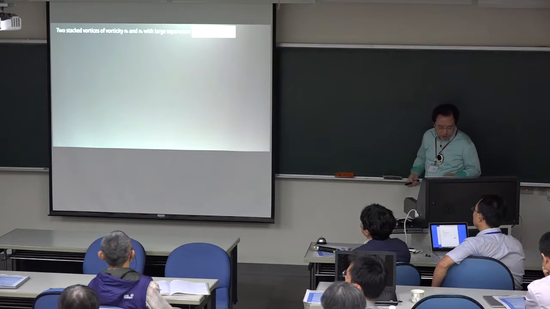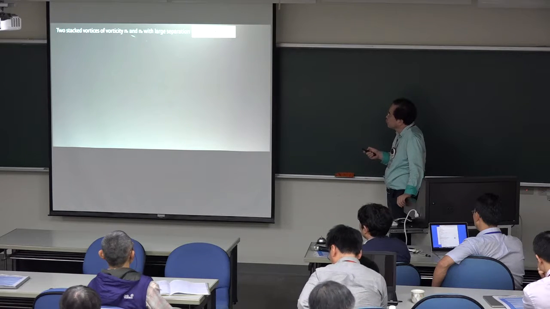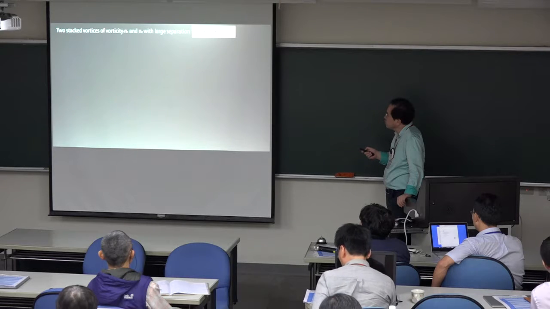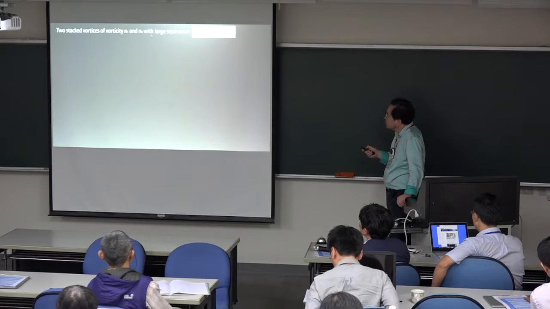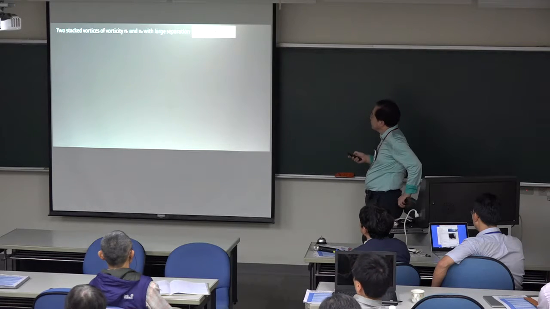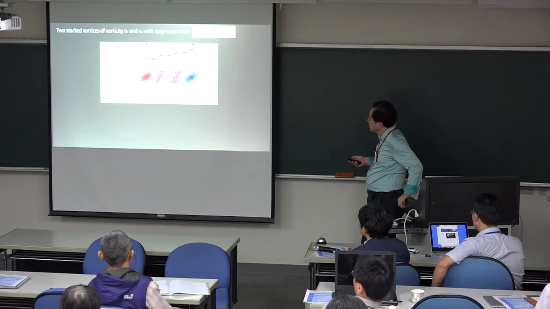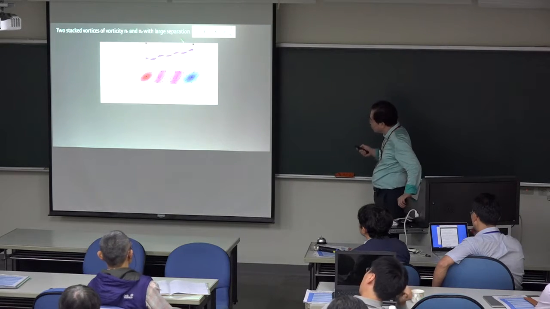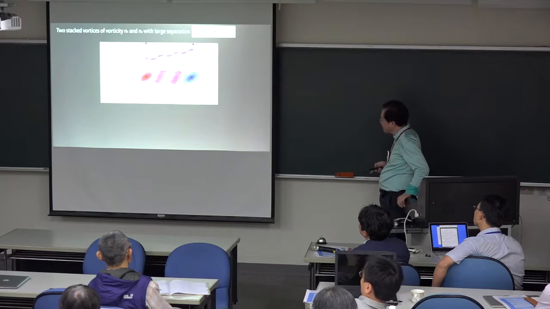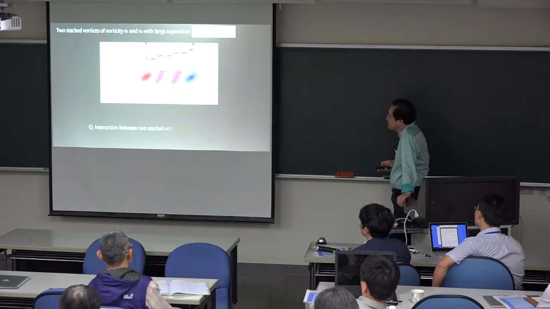Now I consider the next situation, which means two stacked vortices, where one has N1 vortices and the other has N2 vortices, with large separation at x1 and x2. You can imagine it like this, but these are not vortex and anti-vortex; I just borrowed the figure.